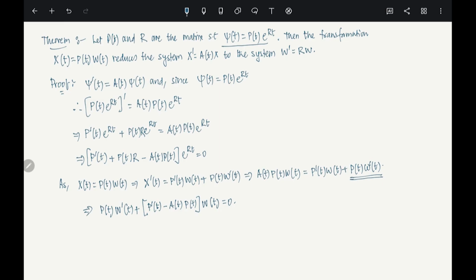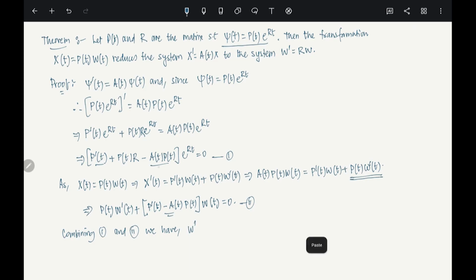Okay, so now let's call this 1 and let's call this 2. If you combine 1 and 2, you are going to get your result. So combining 1 and 2, you see, P prime minus A P is 0, right?